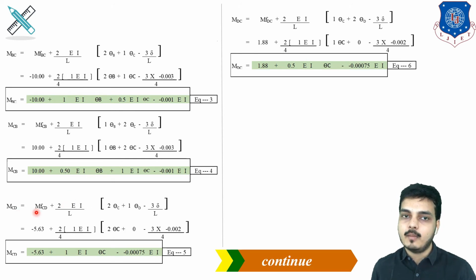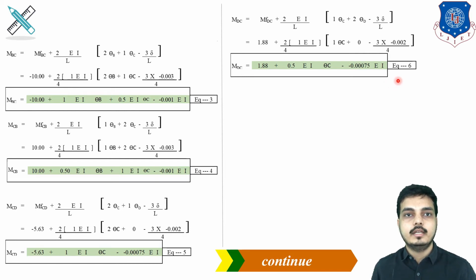M_CD is nothing but MF_CD plus 2EI upon L in bracket 2 theta C plus 1 theta D. Here theta D will be 0 because it is my fixed support, and a fixed support is not my unknown. Minus 3 delta by L. In place of delta, I will be keeping minus 0.002. So like this, after solving, I will be getting my equation number 5 and equation number 6.